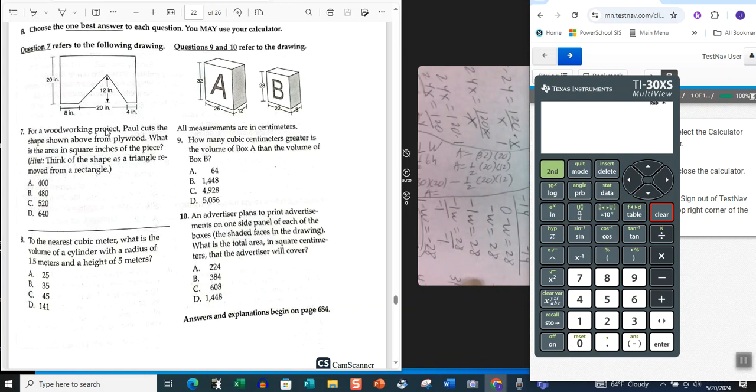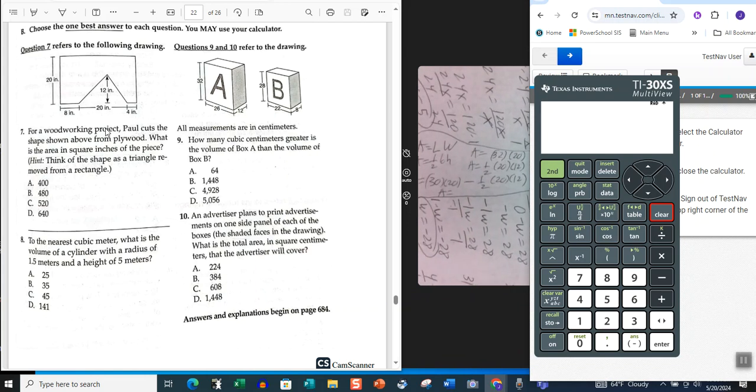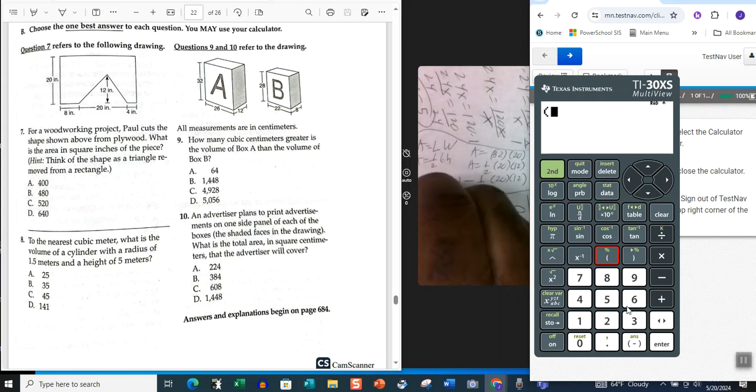So now we'll put all this in our calculator. Oh, that's supposed to be 32, not 30.